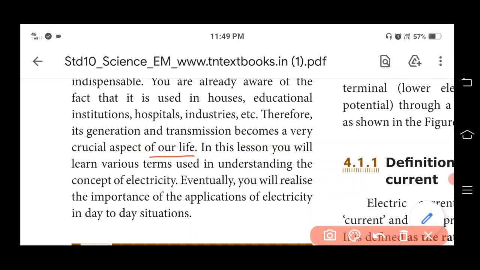So, in this lesson, you will learn about various terms used in understanding the concept of electricity. Eventually, you will realize the importance of the application of electricity in our day-to-day life situations.